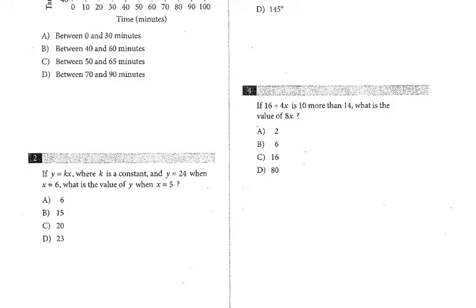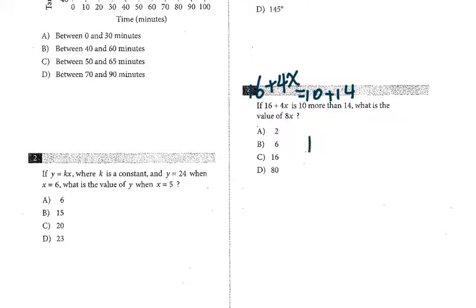Question 4. If 16 plus 4x is 10 more than 14, what's the value of 8x? First of all, 10 more than 14 means 10 plus 14 equals 16 plus 4x.